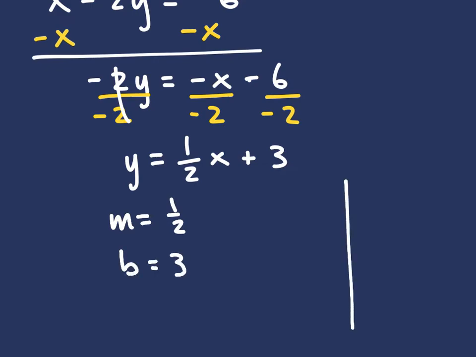If we wanted to graph something like this, we would plot our first point on our y-axis at 3, and we would plot a second point by going up 1 and to the right 2, using that slope. That's just an extension of what we've done previously.